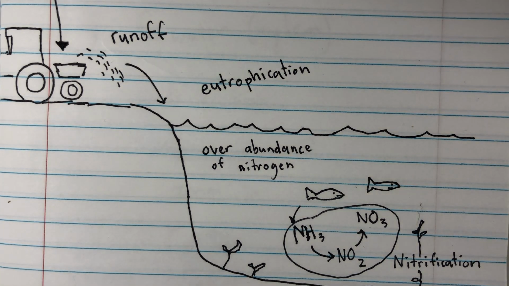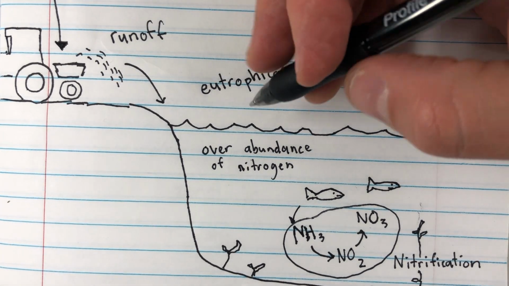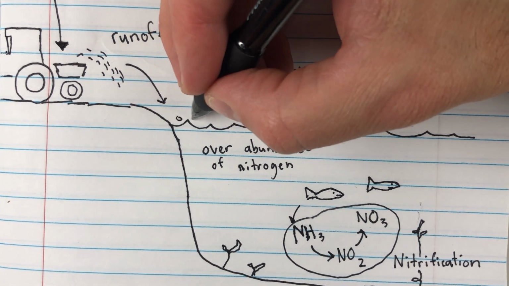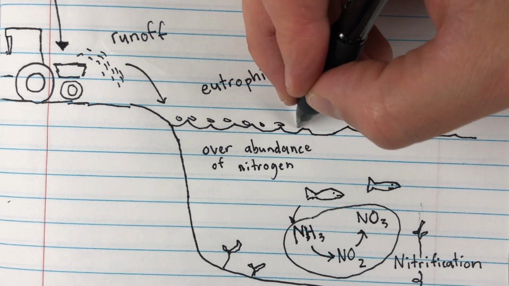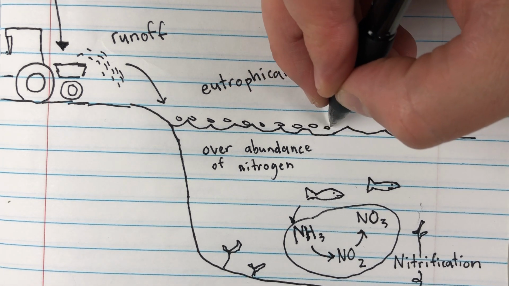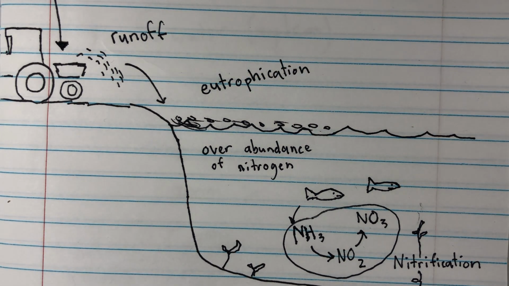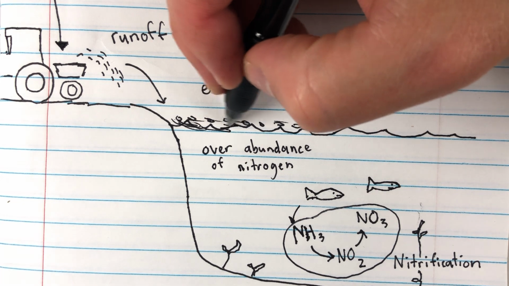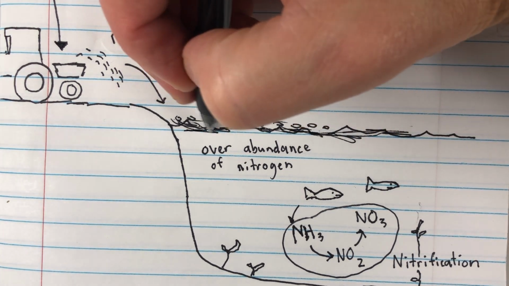Okay, eutrophication, where we have too many nutrients. And what happens is, because, and we've done some algae labs in my class, because we have so much algae, the algae starts to build up. It really starts to grow to a point that there's like a mat of algae growing on the top of the water, okay?